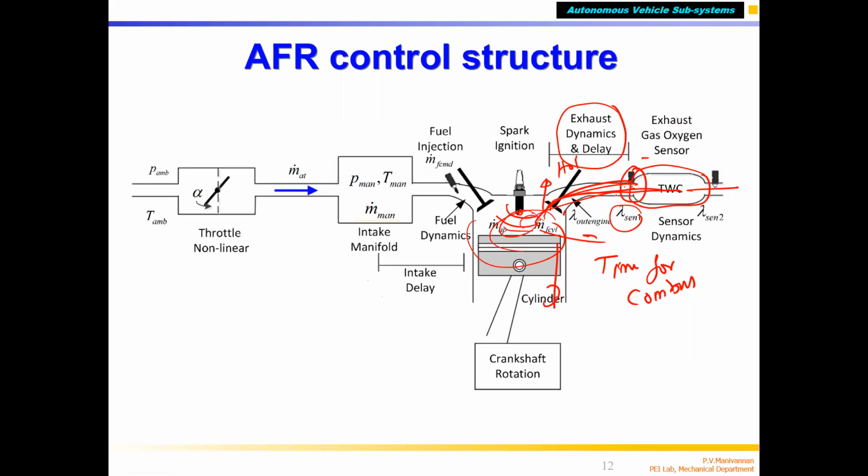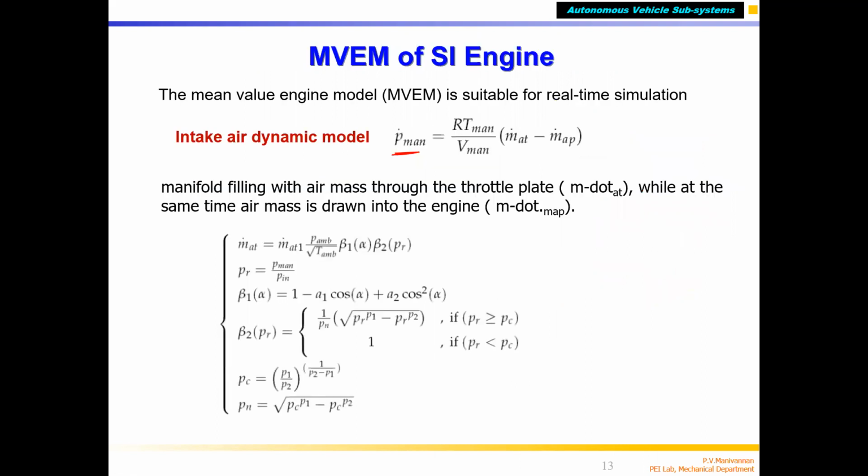Then the hot gas passes over the EGO sensor. The EGO sensor measures the amount of oxygen, or the air-fuel ratio, of the exhaust. To sense that, the sensor also takes a finite amount of time, correct? That is called the exhaust gas sensor time delay, or sensing time delay. All these things are included in your model.